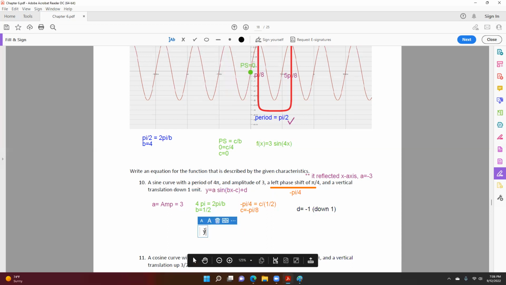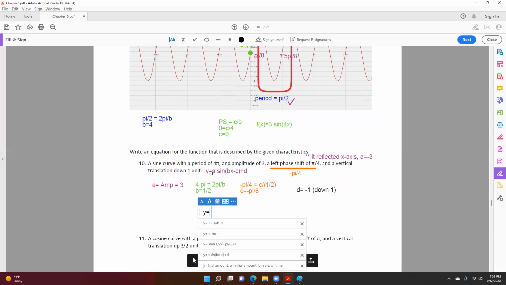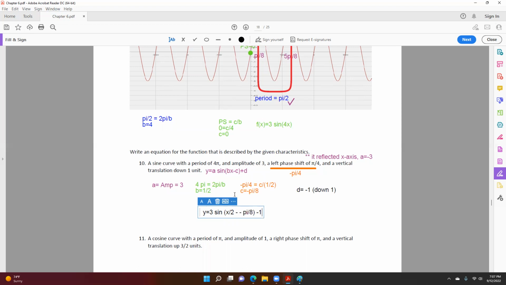Your answer in this case is y equals A, which is 3, sine of Bx, which is 1/2 x, or x over 2 if you want to put it that way, minus your C, and your C is negative pi over 8, plus D, which is -1.